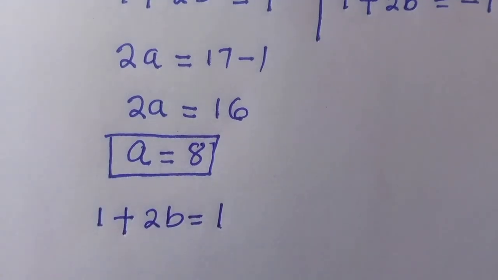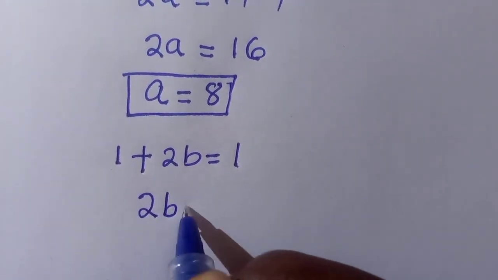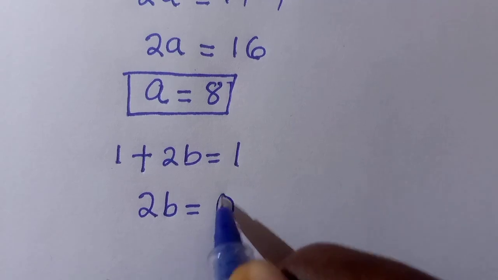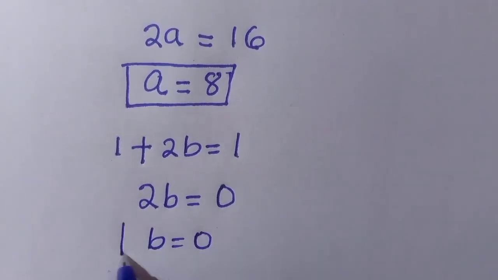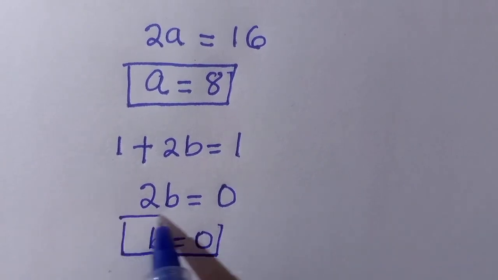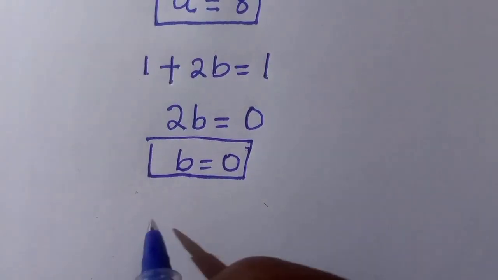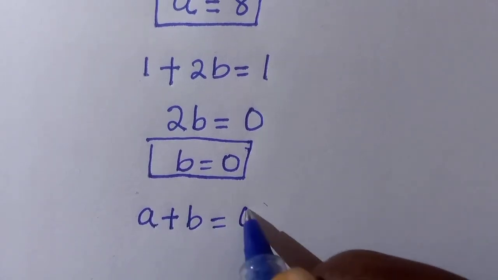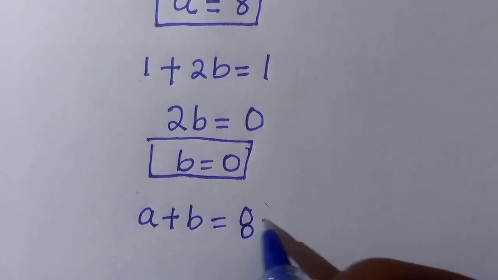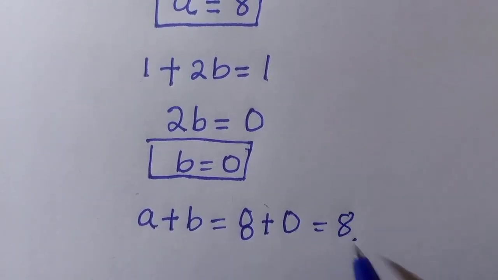Transferring 1 to the other side, 2b equals 0, so b equals 0. The question says find a plus b, so we add 8 plus 0, which equals 8.